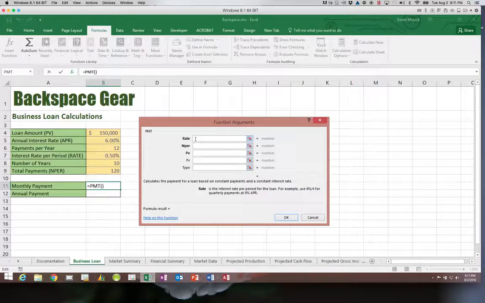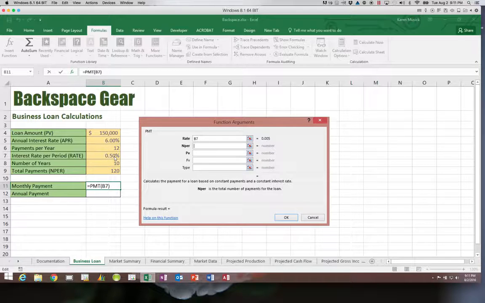In our case, we have already computed that. So we're going to go ahead and click on the rate. Now, we're not going to be copying this formula, so you do not need to worry about whether you use absolute or relative references. Those only become an issue if you are copying the formula to another location.